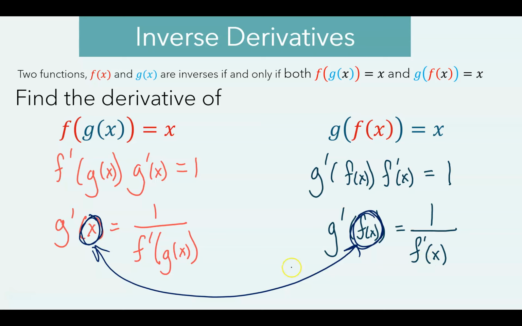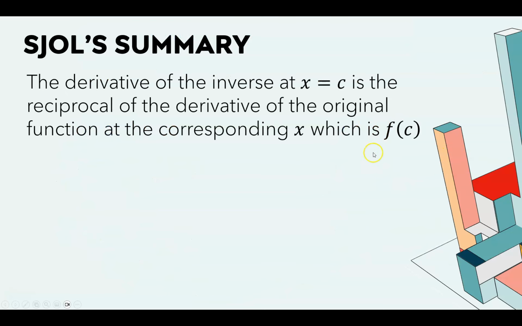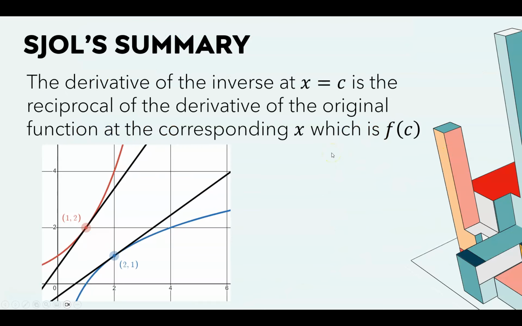Likewise, on the left, g of x is the input to f prime. So that's the y value in g. And over here, x is the input to f prime. So that's the x value in f. So it doesn't matter which way you go. And so going back to that slide I had earlier, the derivative of the inverse at some x value, so let's call this f, and let's just call this the inverse of f.